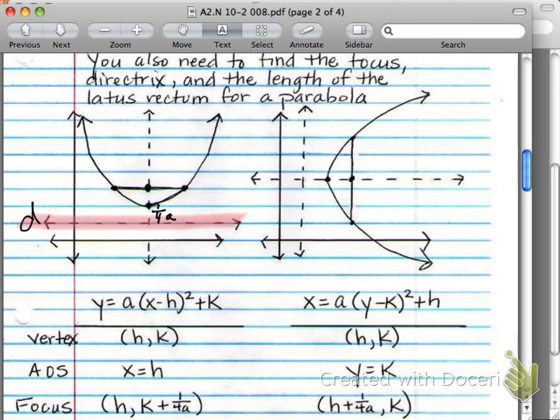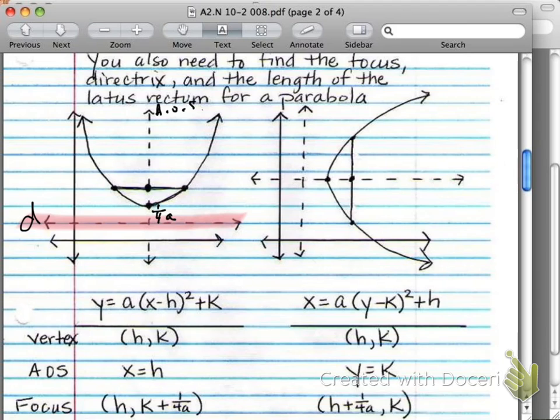So the distance from this point right here to the directrix is 1 over 4a. And the vertical dashed line is just the axis of symmetry, so we're not going to talk too much about that. You guys know what that is.